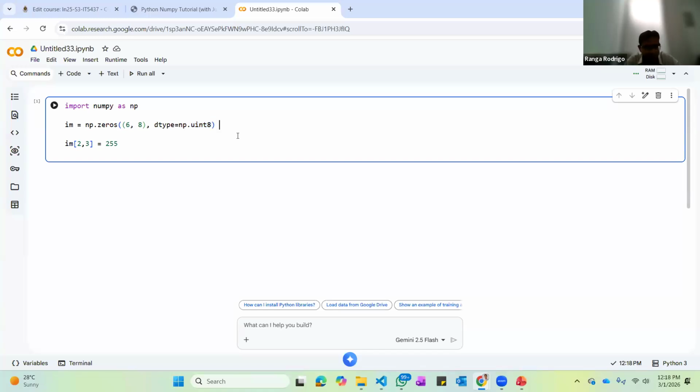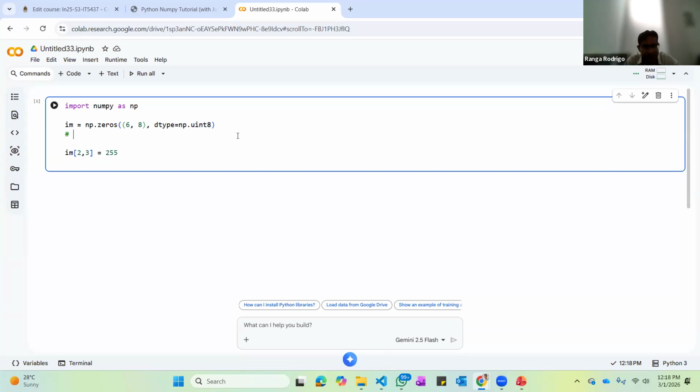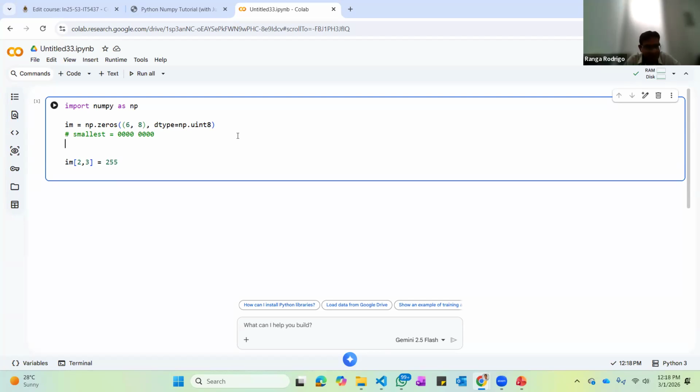The smallest number is 0, 0, 0, 0, 0, 0, 0, 0, all 8 zeros. The largest number is 1, 1, 1, 1, 1, 1, 1, 1, all ones, right? Obviously, because you have only 8 bits to represent this. So this is in binary, of course.